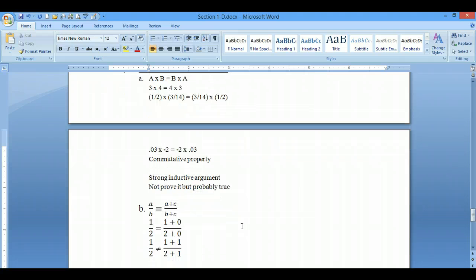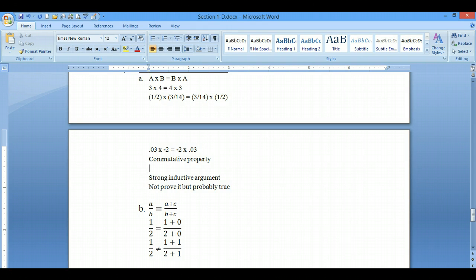Here's our next one. So here's my several statements of premises. A over B equals A plus C over B plus C. So I have 1/2 equals 1 on the top plus 0 over 2 plus 0. Does that equal? Yeah, it does.